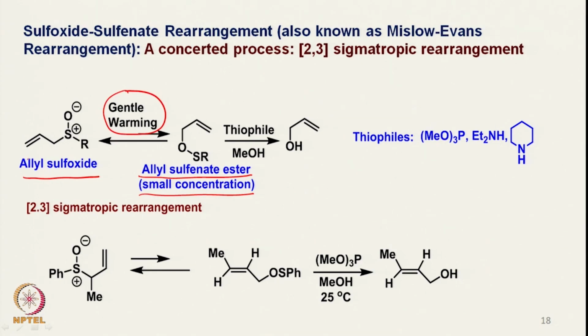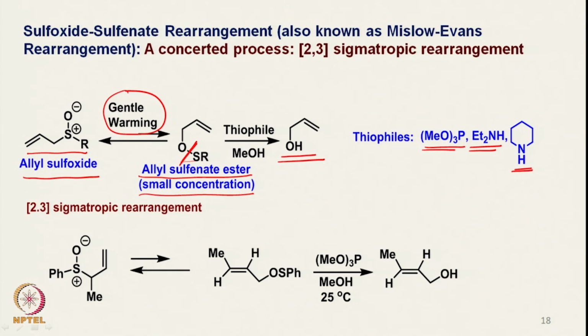So essentially this allylic sulfoxide and this allyl sulfenate ester exist in equilibrium, and when a thiophile is present in, say, methanol, for example thiophiles such as trimethyl phosphite or diethylamine or even a secondary base like this, it allows the cleavage of the oxygen sulfur bond to form the allyl alcohol.